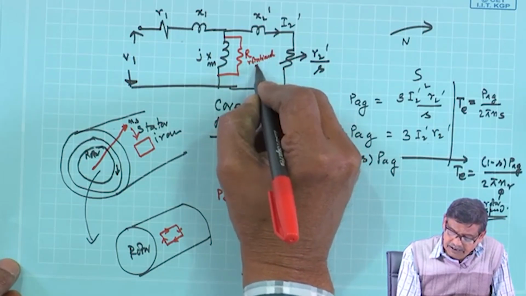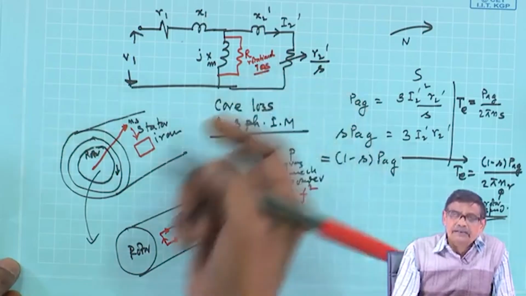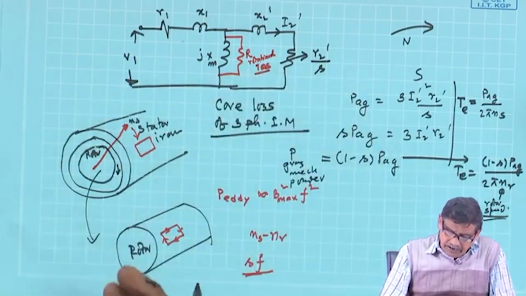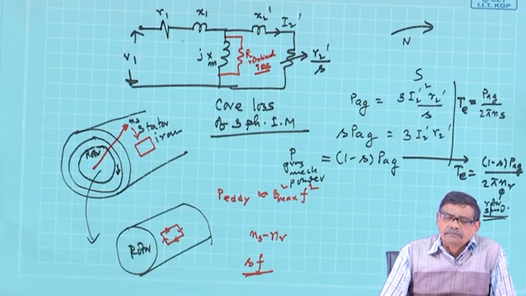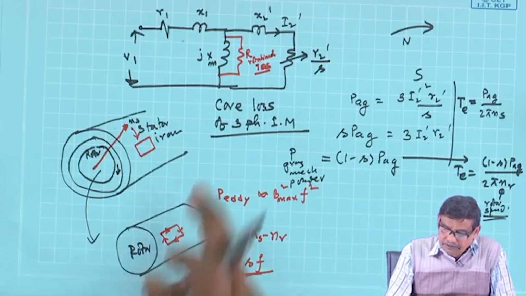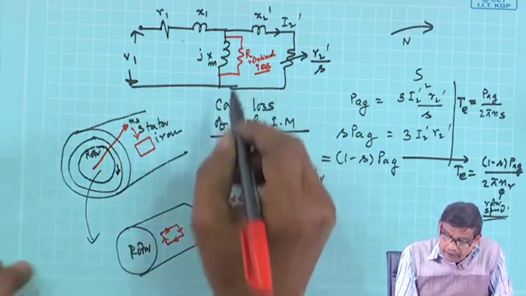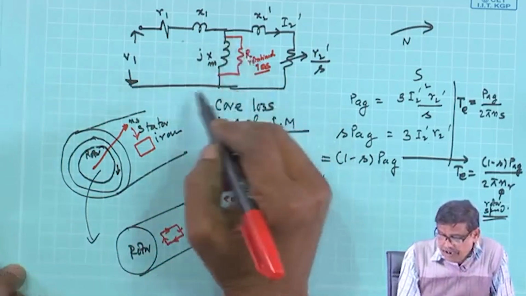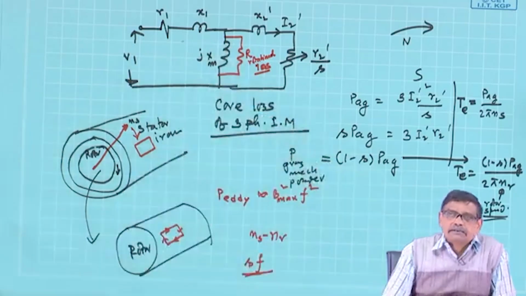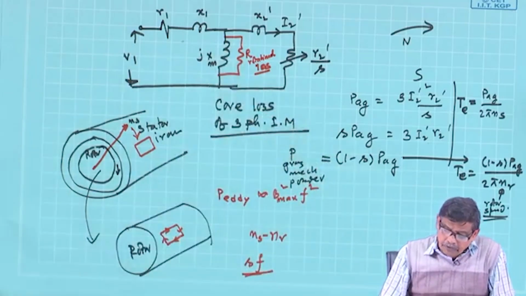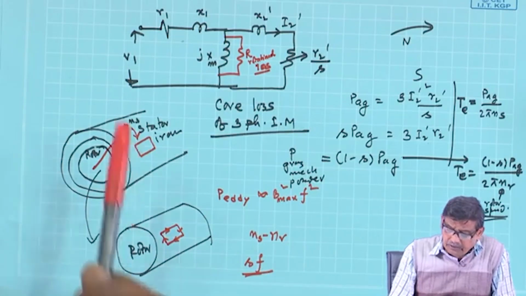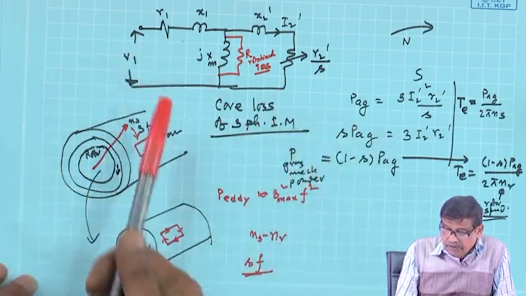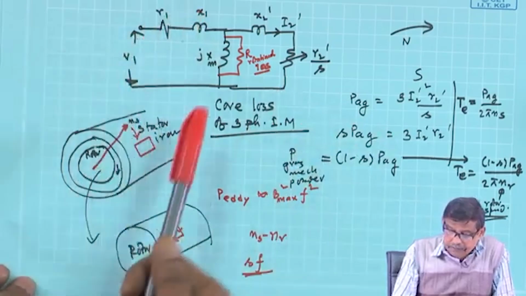The power loss here is rotational loss, which will be because of eddy current loss, and of course, it has got another component called frictional loss. I will come to this, but anyway, to take into account eddy current loss, we have to connect a resistance there.